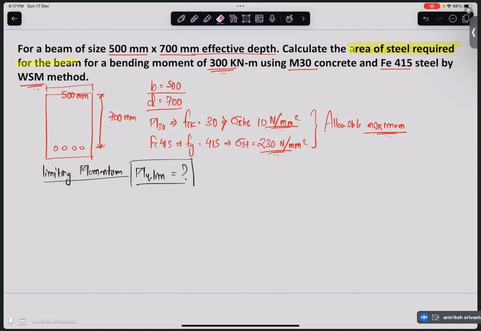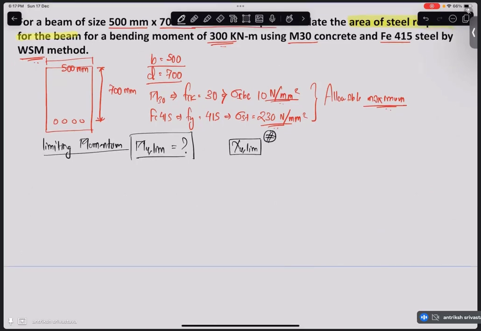Alright, so for this, what do we want? We want XU limiting, right? Now let us revise some concepts to know how we calculate XU limiting. So in the LSM method, I think you all know that the design stress diagram looks something like this, right?